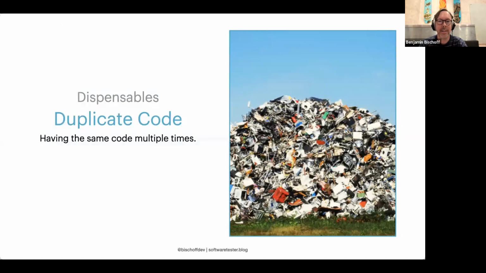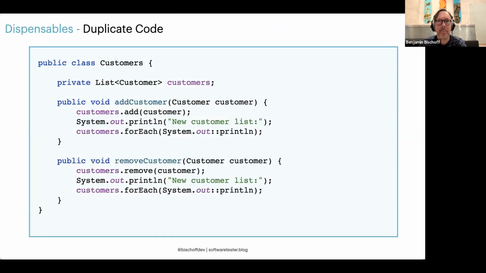Duplicate code is something that probably every one of you who coded before has stumbled across, having the same code multiple times. So there is a principle that's called DRY, don't repeat yourself. And this is something that can be applied here.